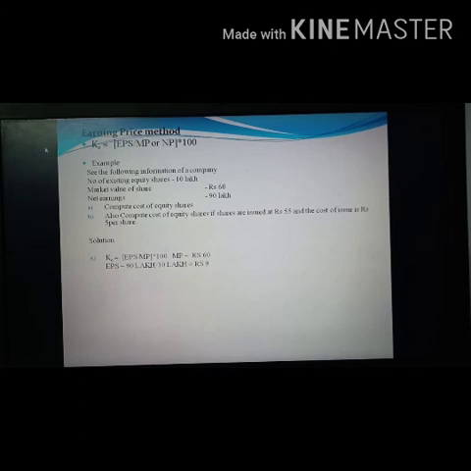Then we need to calculate the EPS, earning per share. We know that the net earnings is 90 lakh and the number of existing equity shares is 10 lakh. In order to get the earning per share, we divide the 90 lakh net earnings by the number of existing shares. Then we will get the earning per share, that is equal to rupees 9.